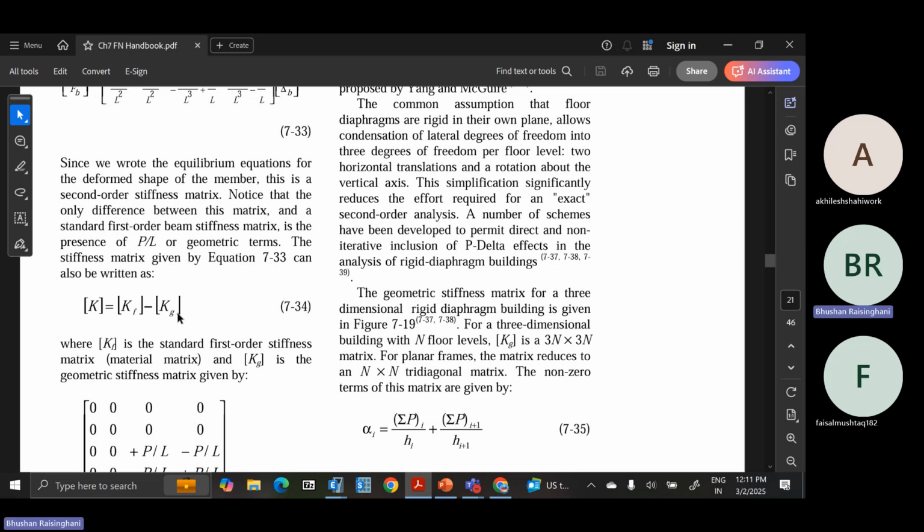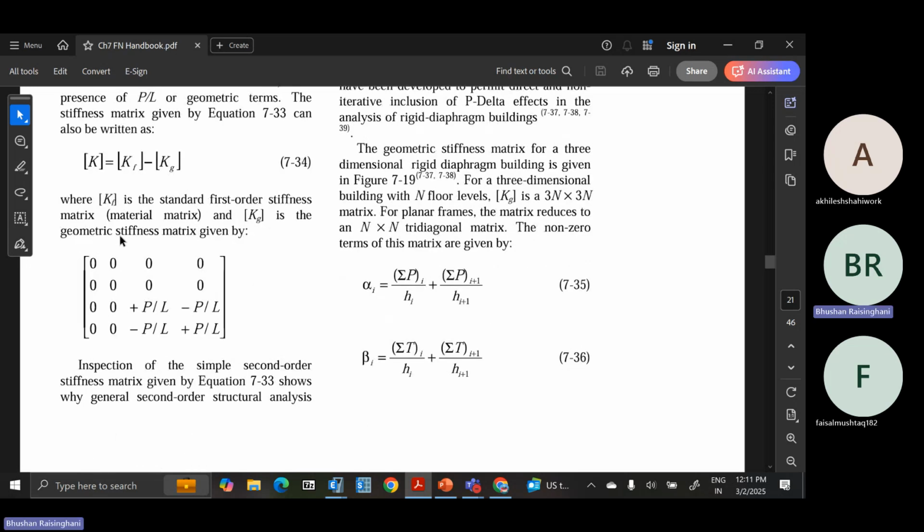So Kf minus Kg is the stiffness matrix. And Kg is the geometric stiffness matrix given by all other 0, that is a 4 by 4 matrix, plus P by L and minus P by L values. Okay. So this is getting reduced. So stiffness is getting reduced due to second order effect. So that is the reason we are getting the higher displacement also.